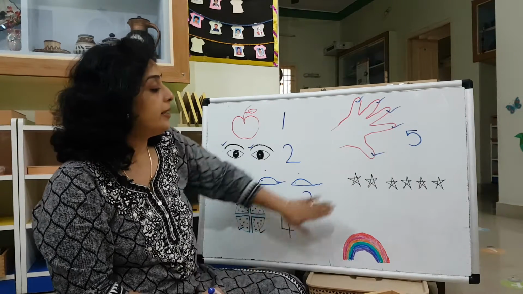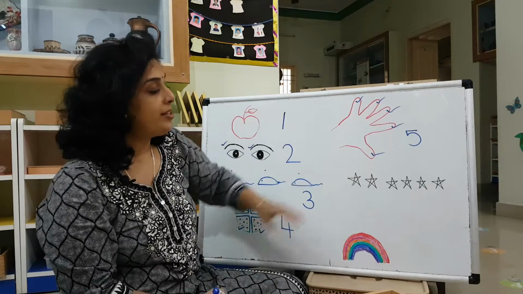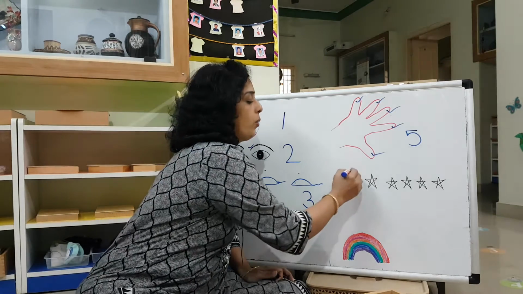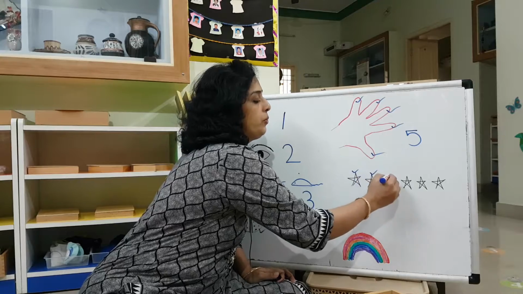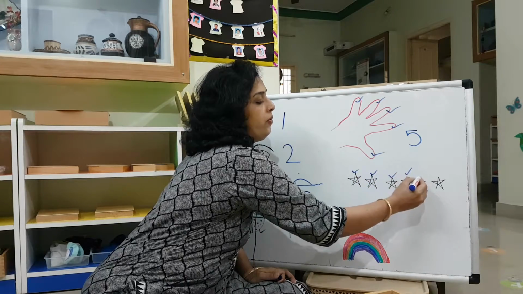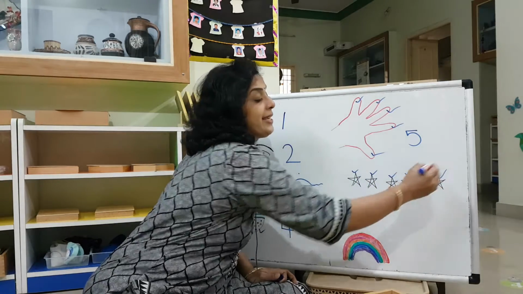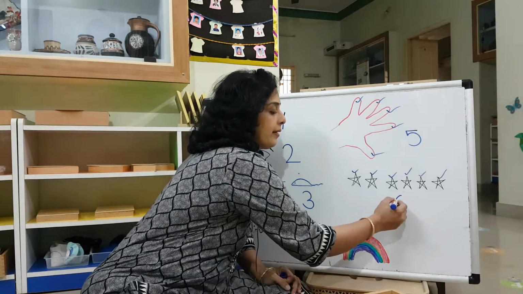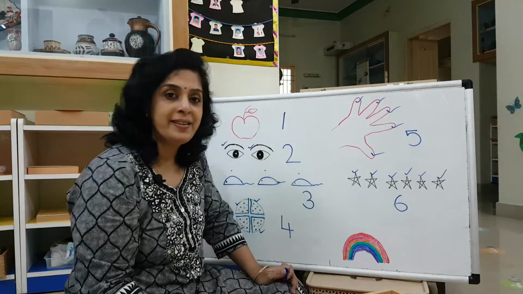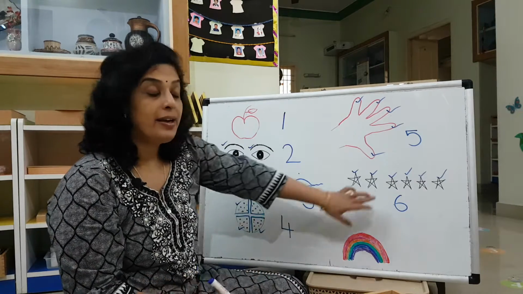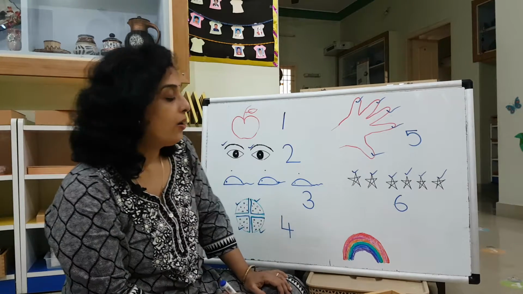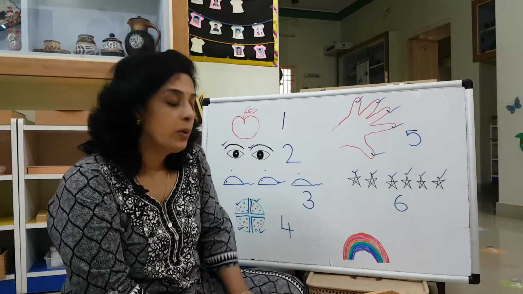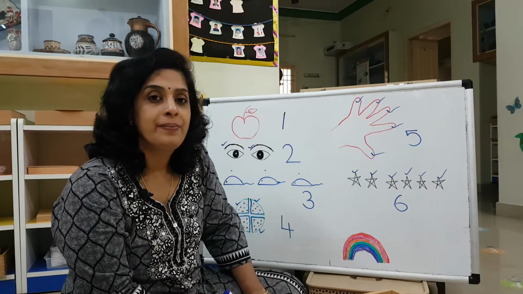Good. And here, next one. How many stars are there? Let's count. 1, 2, 3, 4, 5, 6. 6 stars are there. 6. Did I write 6 correctly?